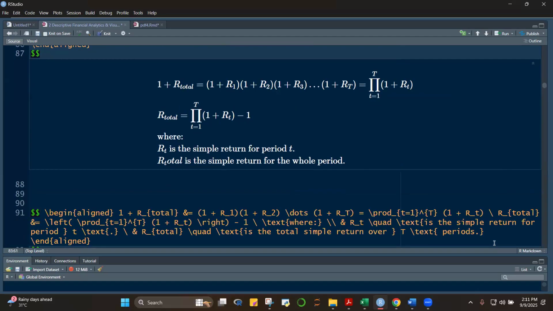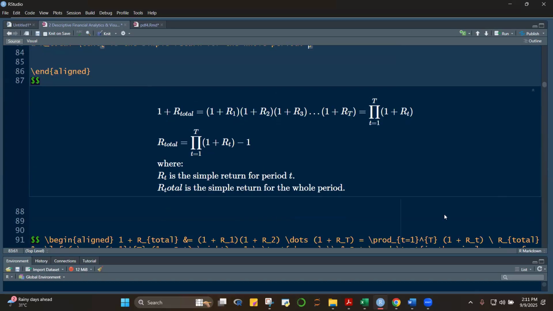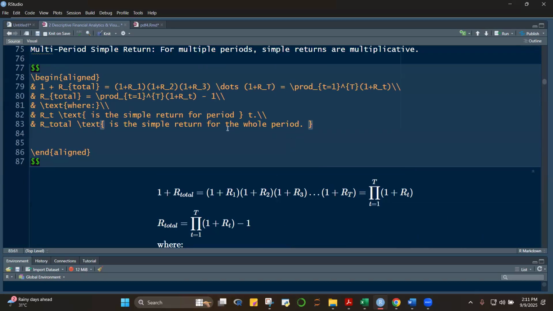There you go. Simple returns over, let me put t, over, so let me change it to the simple return over the whole t periods. There you go.